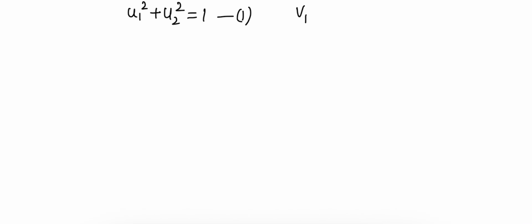And the second was v1 square plus v2 square plus v3 square equals 1. Let us assume it to be equation number 2.